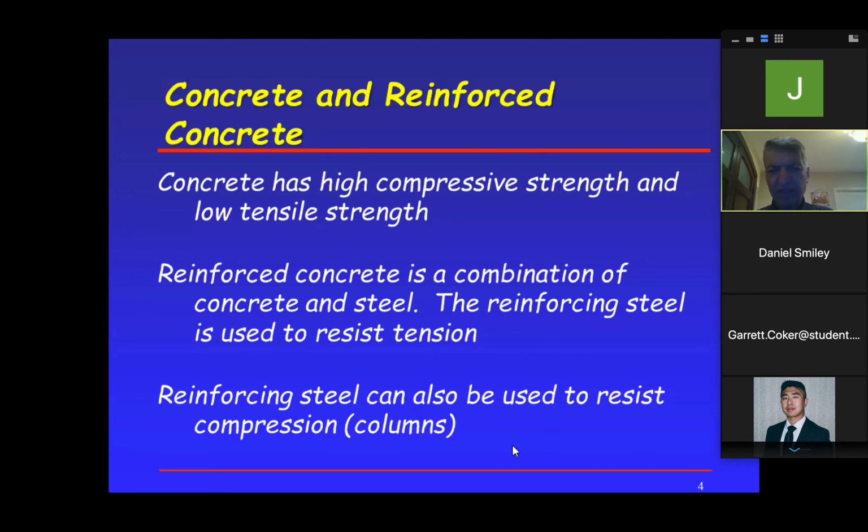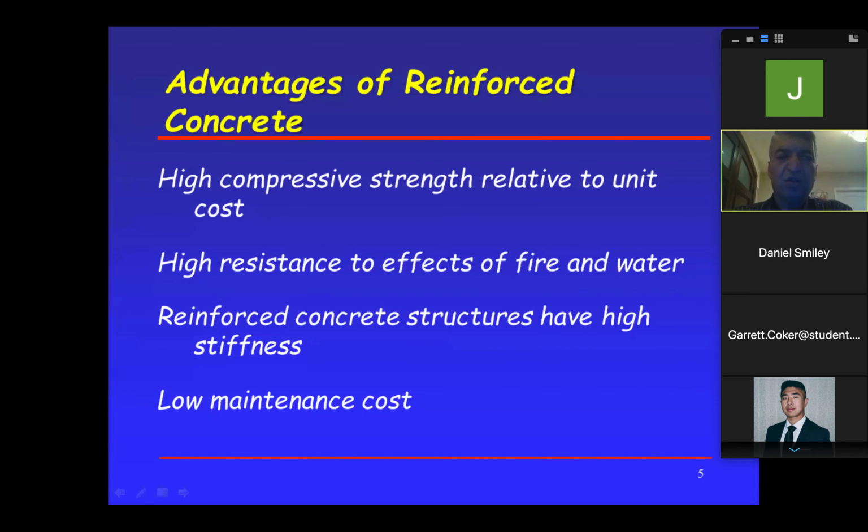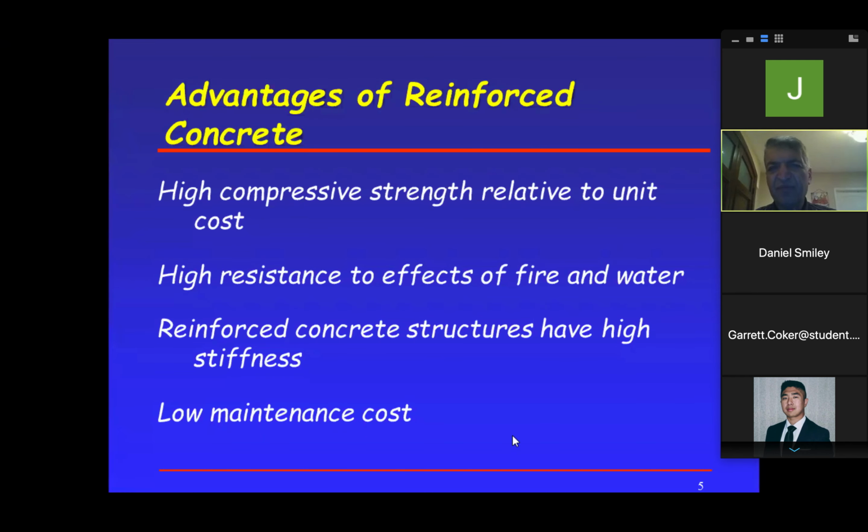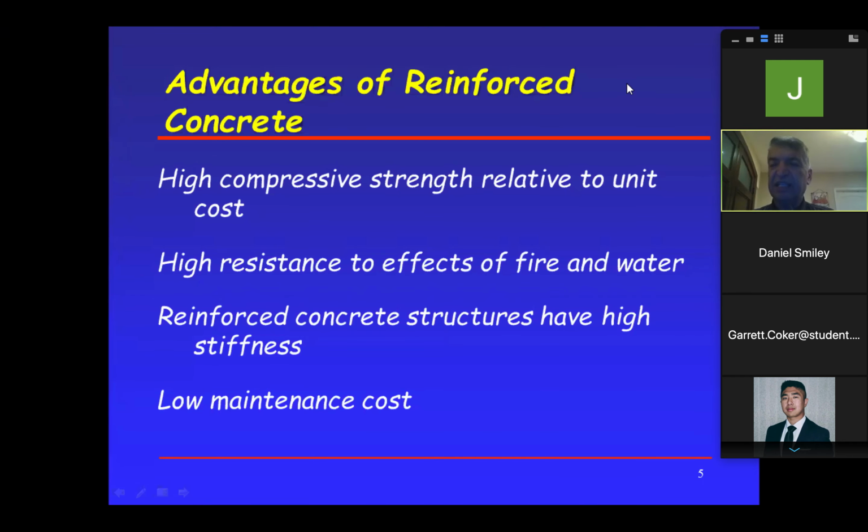All right. So advantages of reinforced concrete. See, everything we do, there's an advantage and disadvantage. By the way, there's two organizations. One is ACI, the American Concrete Institute. They always try to advertise and encourage the use of reinforced concrete to build buildings.